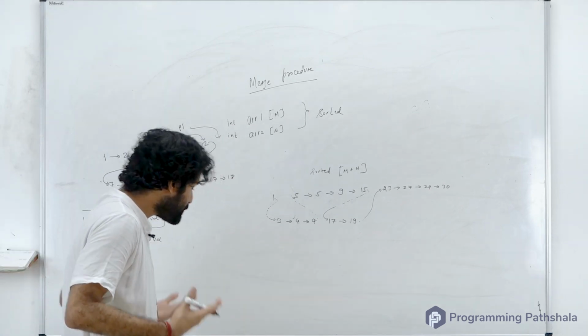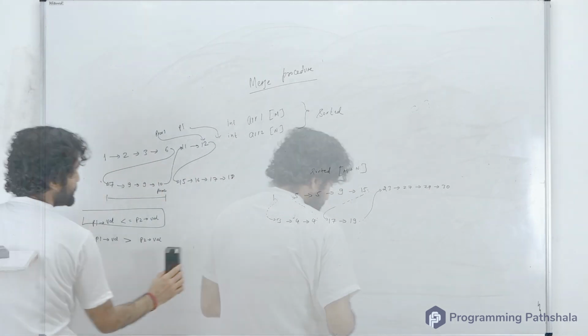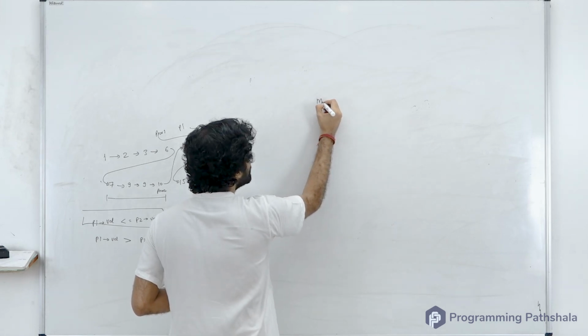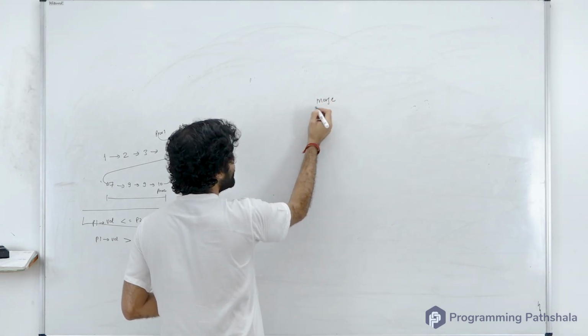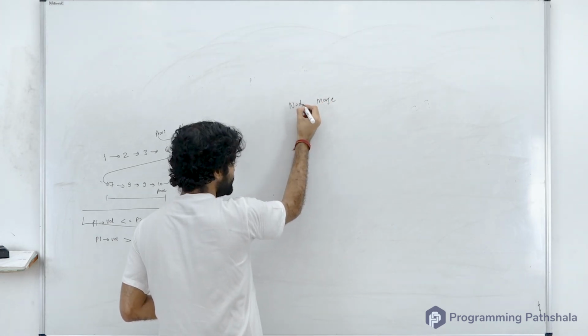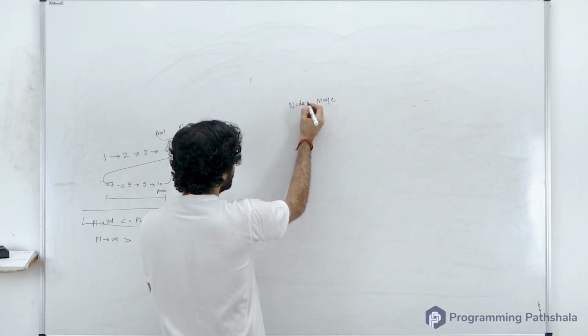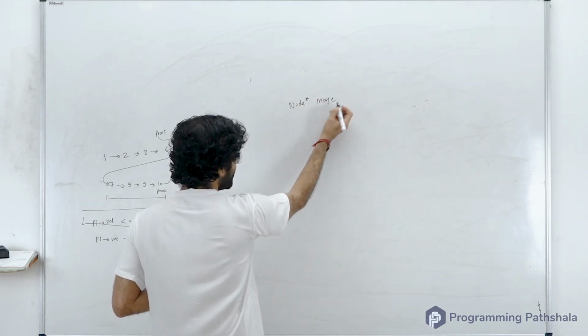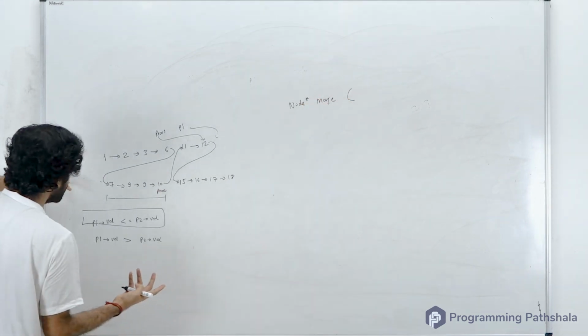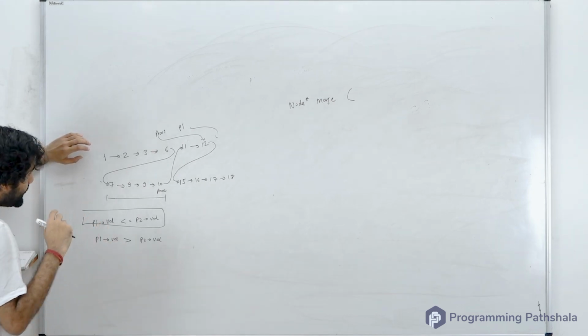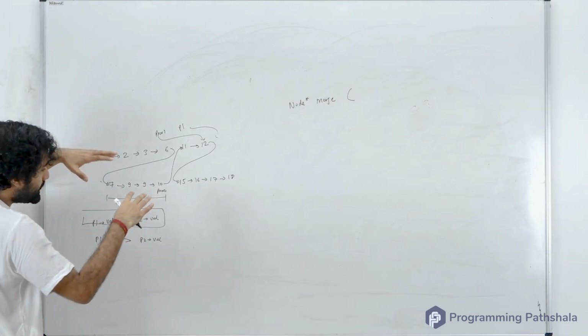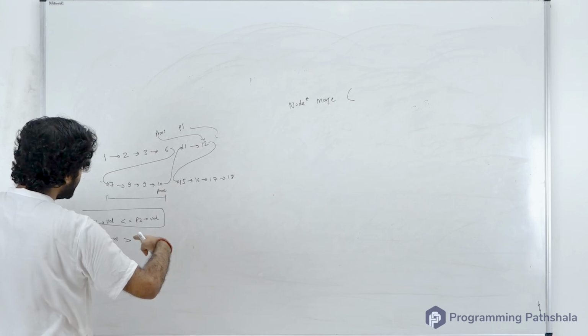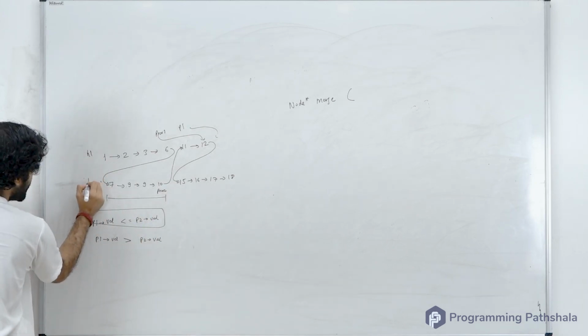So how do I write the code for this approach? Let's say I want to merge, and after merge I need to return the head pointer, right? So can I say that the head of the resultant list will either be H1 or H2?